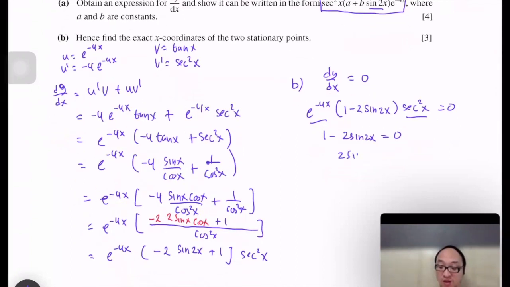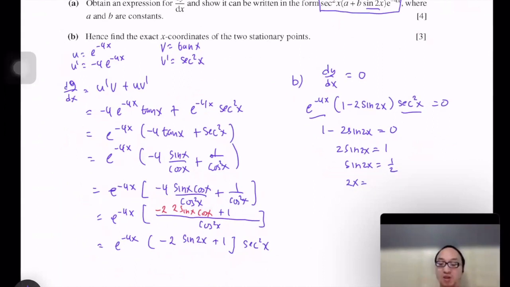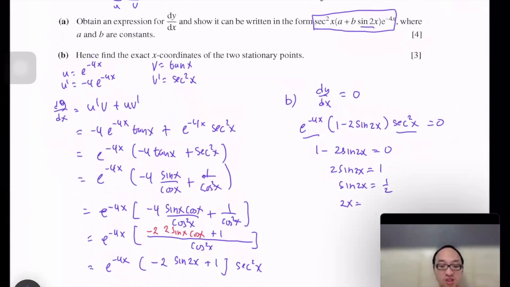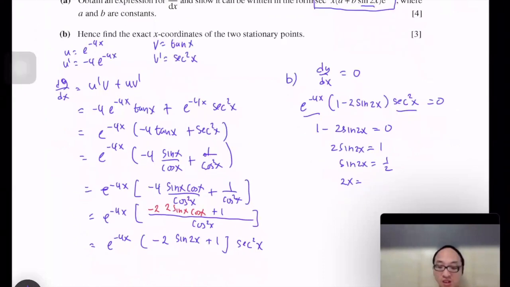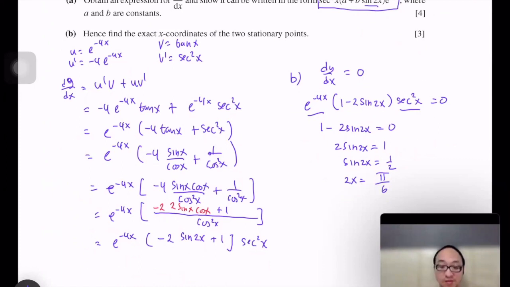So 2 sine 2x equals 1, sine 2x equals 1 over 2. So that means 2x is sine inverse 1 over 2, which is pi over 6. This is in the first quadrant, or 2x in the second quadrant is 5 over 6 pi. Remember that sine is positive in the first quadrant and second quadrant.